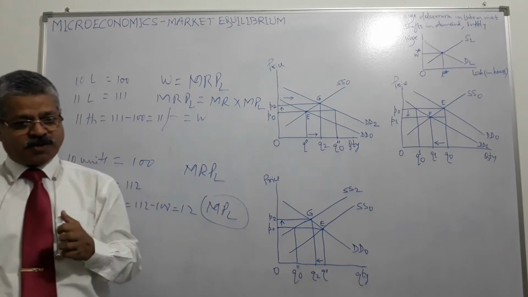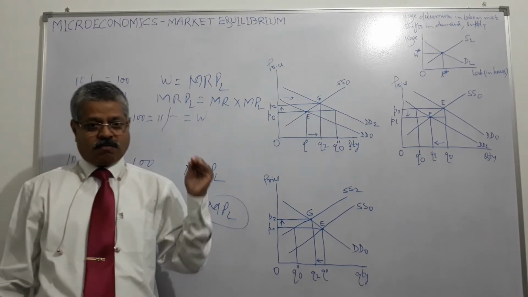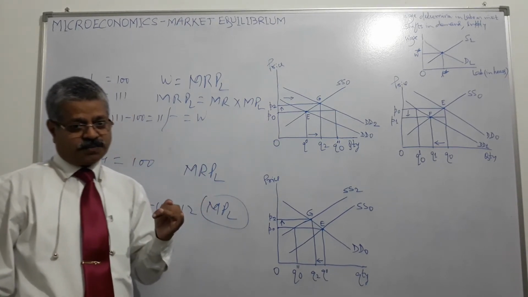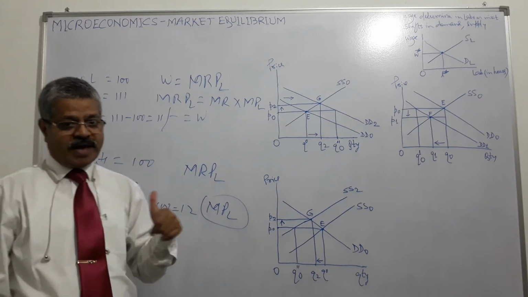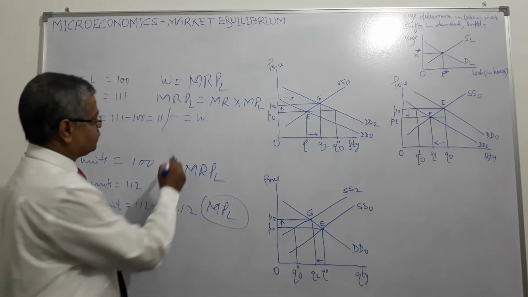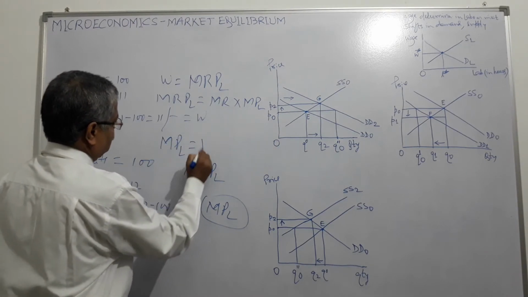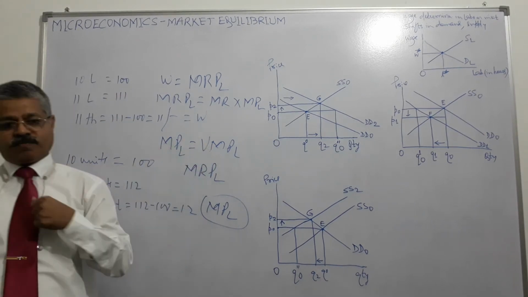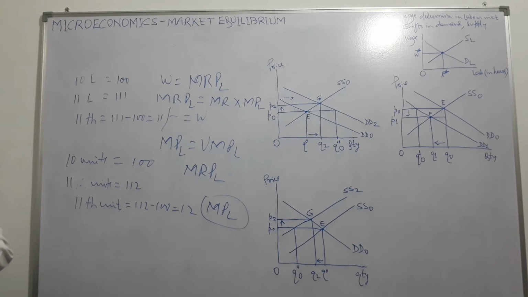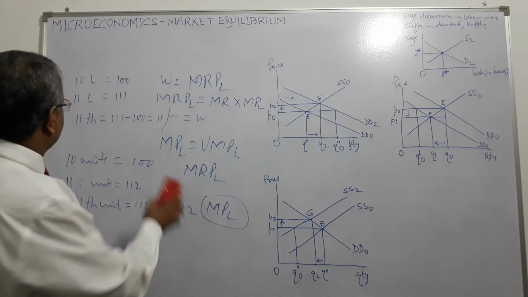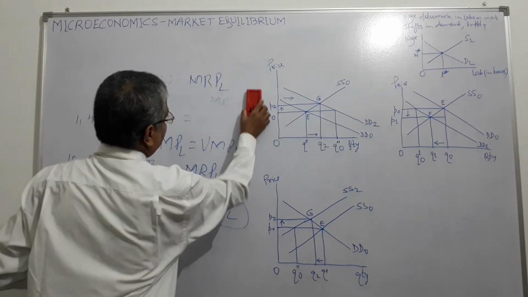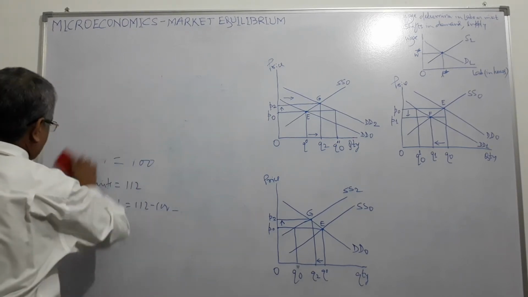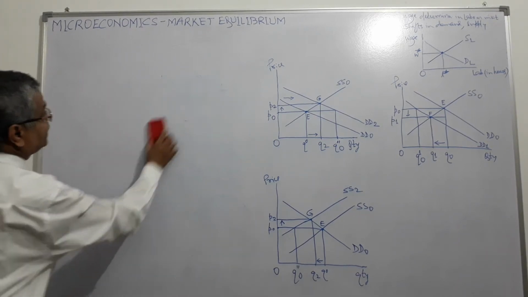Marginal revenue is equal to price of the commodity, and therefore marginal revenue product of labor is equal to value of marginal product of labor, right? So, up to this, I think it is clear. We have repeated almost everything for better understanding.